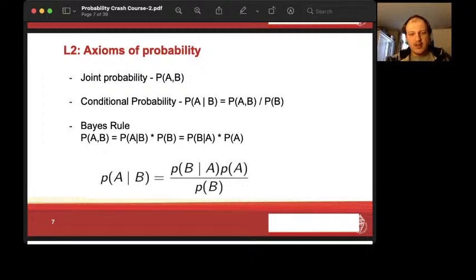In conditional, they're not symmetric, so you cannot interchange A and B. And from that rule, you can directly derive Bayes rule. Bayes rule is generally used so that if you observe some evidence, you can change the probability of the belief of the hypothesis that you're thinking about.